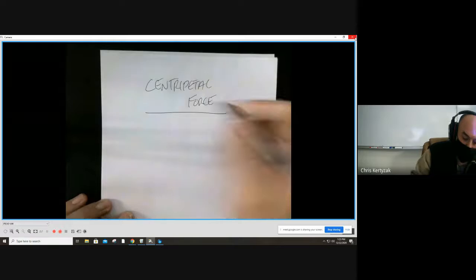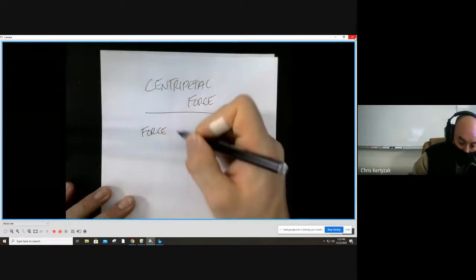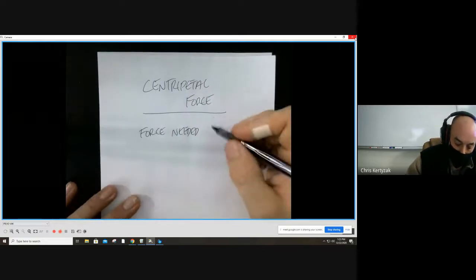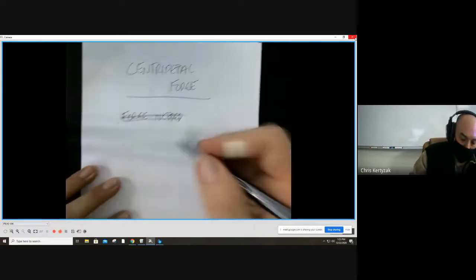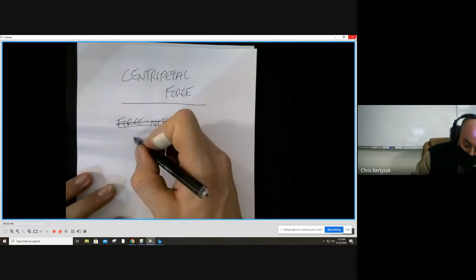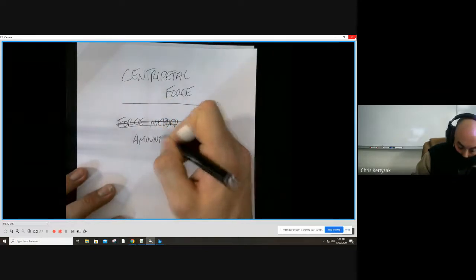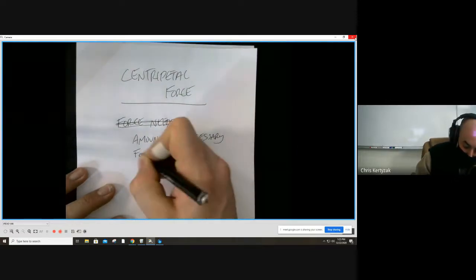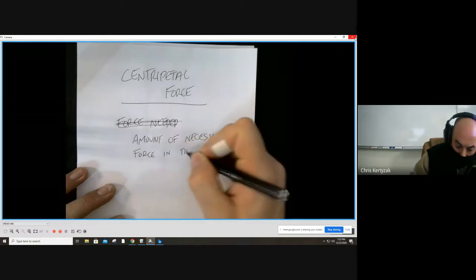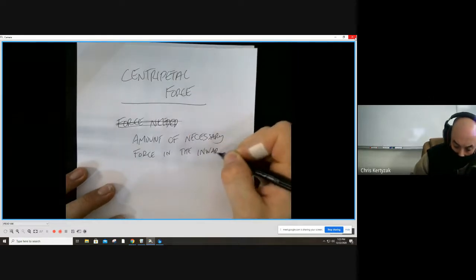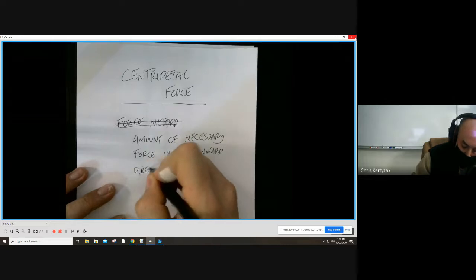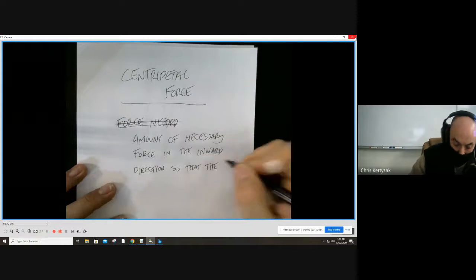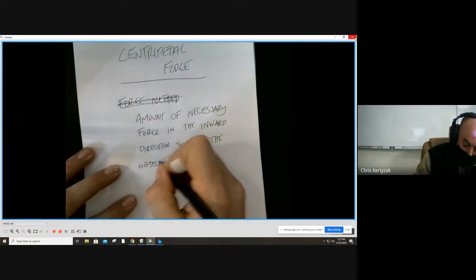Centripetal force is the amount of necessary force in the inward direction, I'll explain inward in a minute, so that the object stays on the circular path.